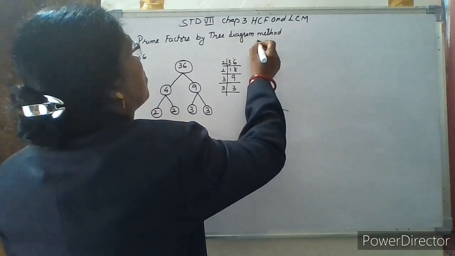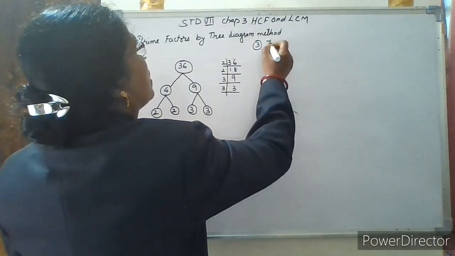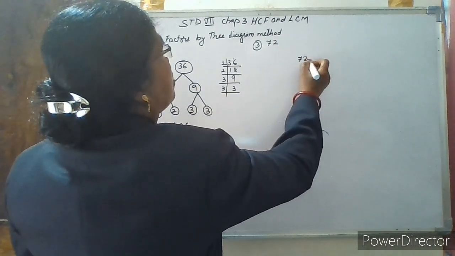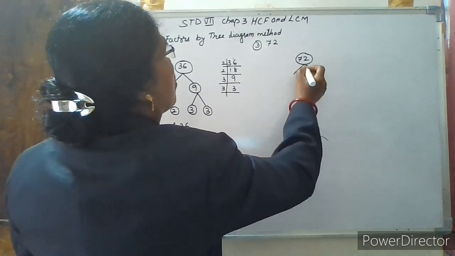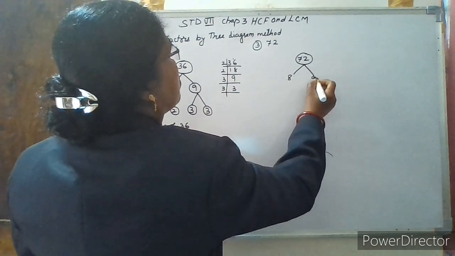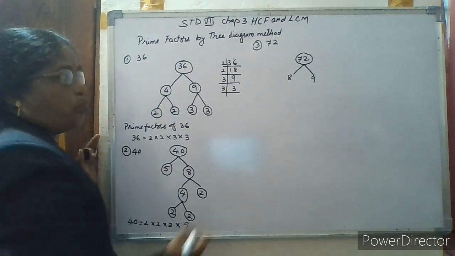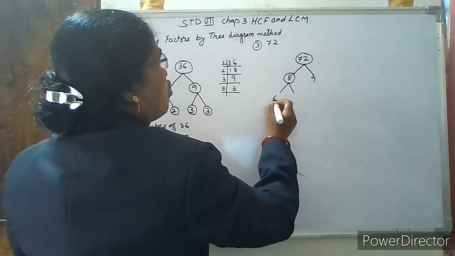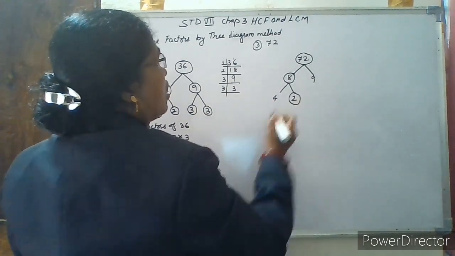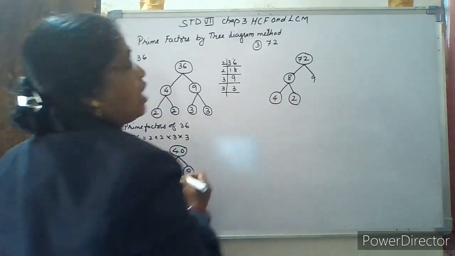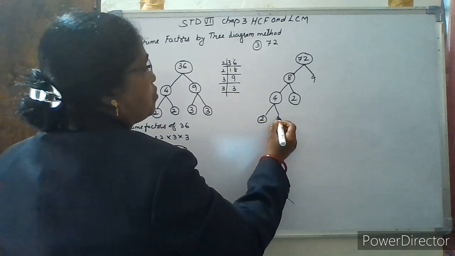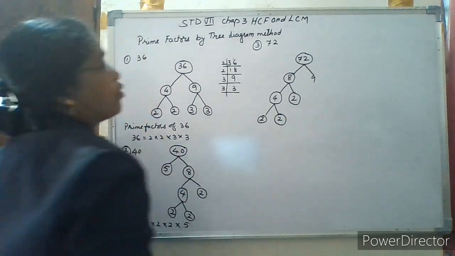Another example. Suppose I take 72. Now 72. 8 nines are 72. 8 can be factorized as 4 twos are 8. This 4 can be factorized again as 2 twos are 4.